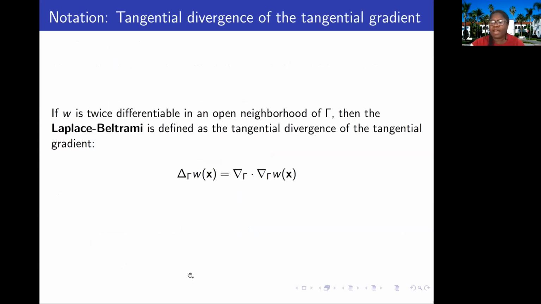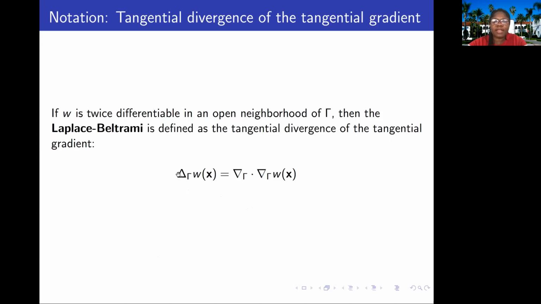Once we have the tangential gradient, we can look into how we describe diffusion. Diffusion in the bulk of the geometry, we all know how to write down that equation, but when we are looking at just the hypersurface, we have what we call the Laplace-Beltrami operator. The Laplace-Beltrami operator is the tangential divergence of the tangential gradient.